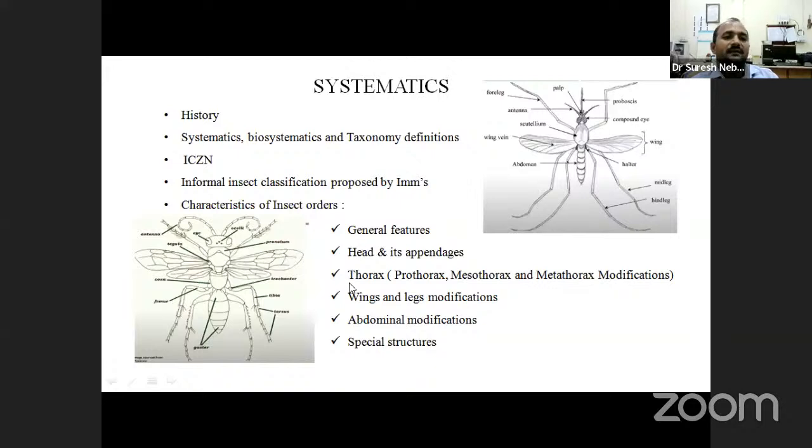Then other parts: initially in UG itself, you study all the morphological parts. But when it comes to peculiarity, some insects have peculiar wing venation or leg modification, modification in the thorax or in the abdomen. Those peculiar modifications you should know along with the general morphology of the insect body.